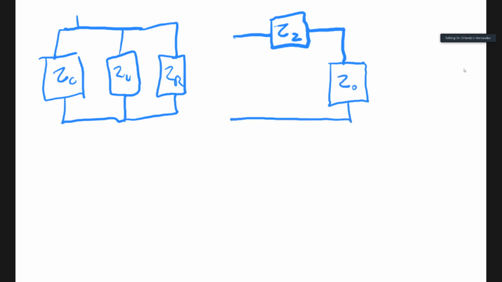And now I'm going to take my output from here and I'm going to input my voltage from there. So you can see that this is just a voltage divider.